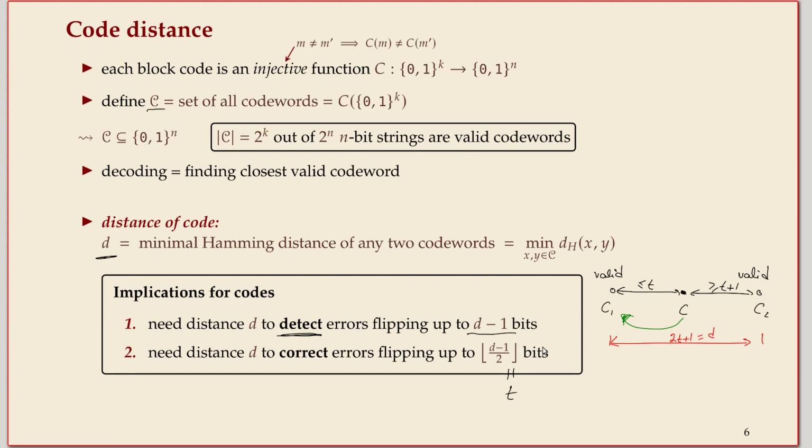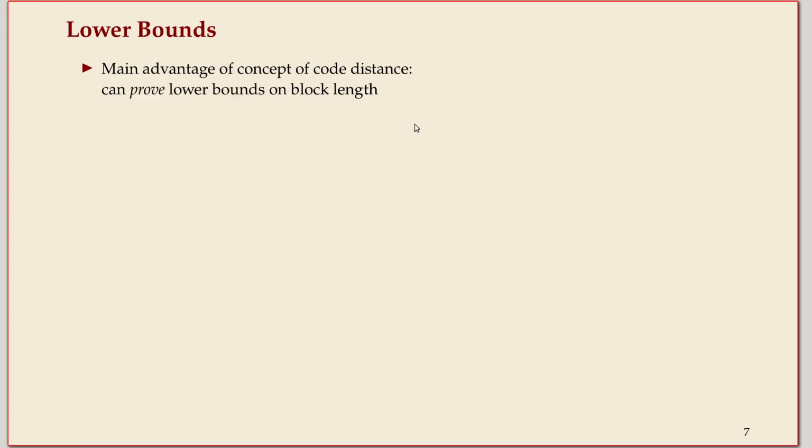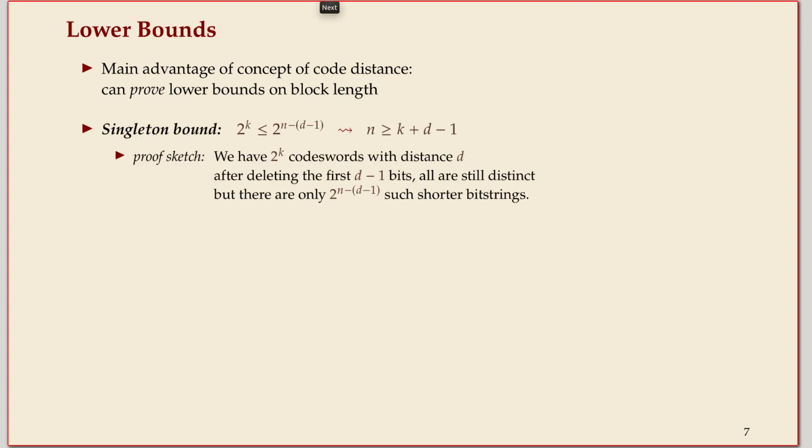You can't do better than that with a given choice of parameters. So this is what this is about. It's trying to make a little more concrete predictions, what you could choose for parameters as just looking at the code distance. So the first of these is called the singleton bound, well, after a person called Singleton.